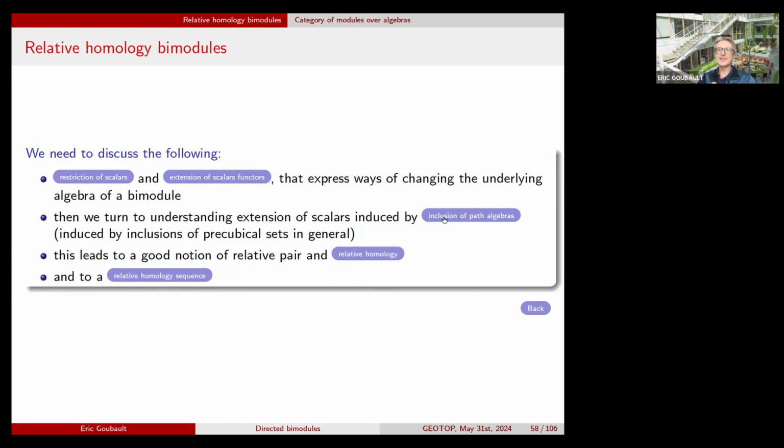In that case, it's very easy to understand, okay? And when I understand these things, it's very easy to define a good notion of directed relative pair. You have to add a small constraint so that you'll have relative homology well defined. So I'll be able to define relative homology, and then I'll be able to have a relative homology sequence almost like the one you know and love, okay?